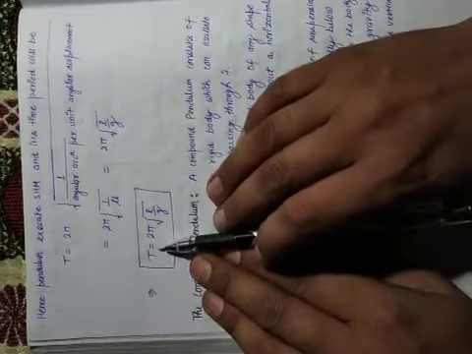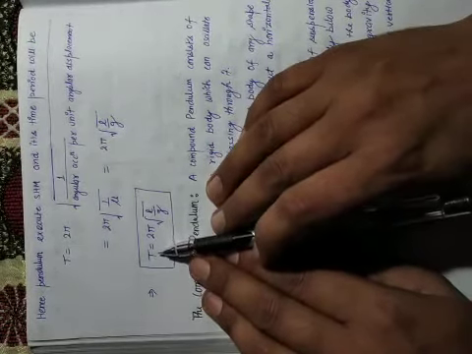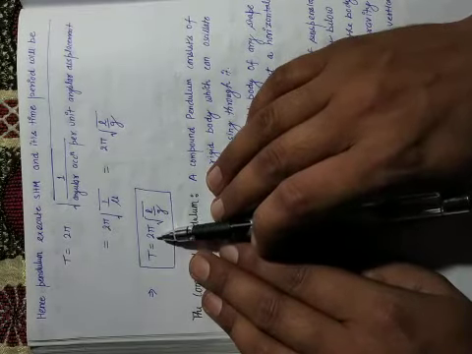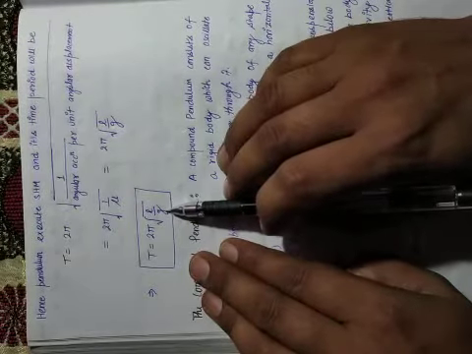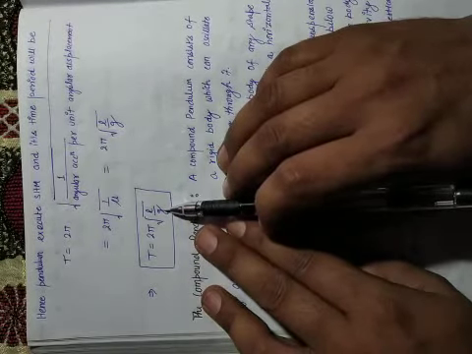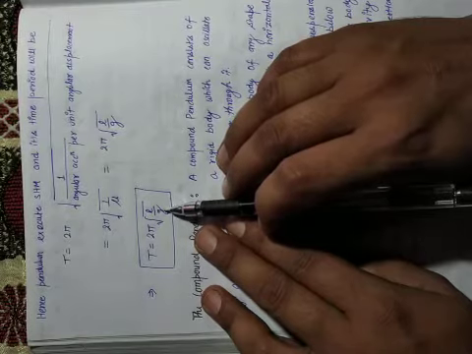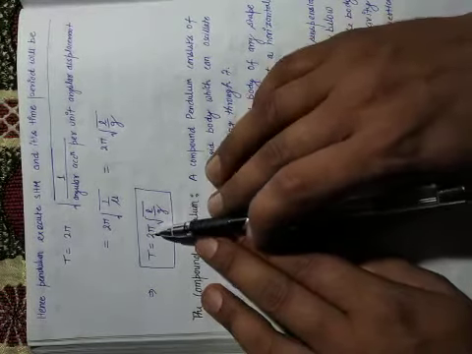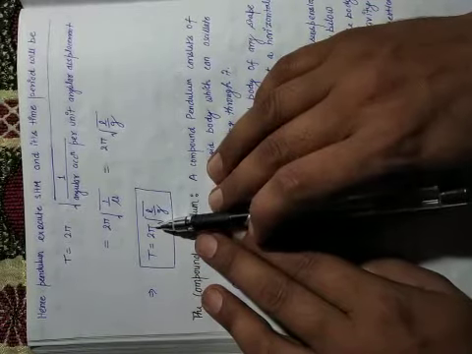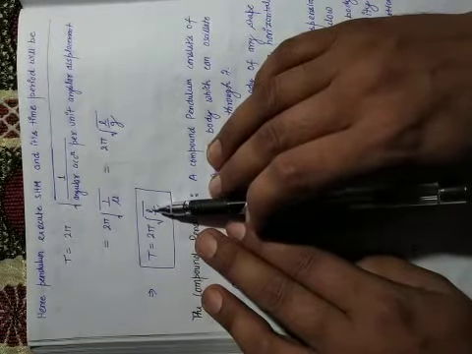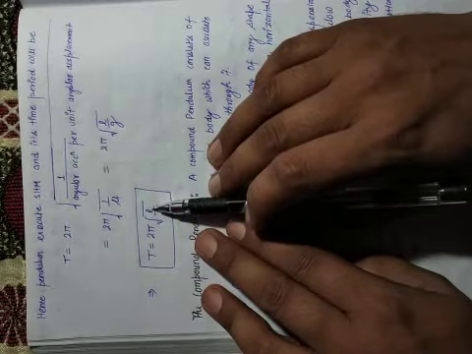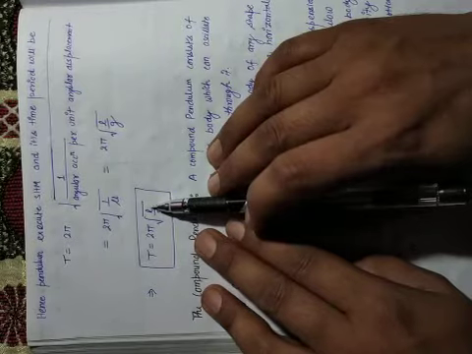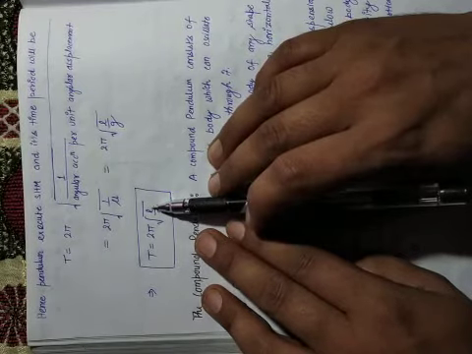Or simply you can say by analysis of this formula that the time period of the simple pendulum is directly proportional to root of L over g, and g is constant, 9.8 meter per second square, because this experiment is performed on the Earth's surface. 2 is constant, pi is constant, so the only thing which varies is the length of the string by which the simple pendulum is suspended from the rigid support.